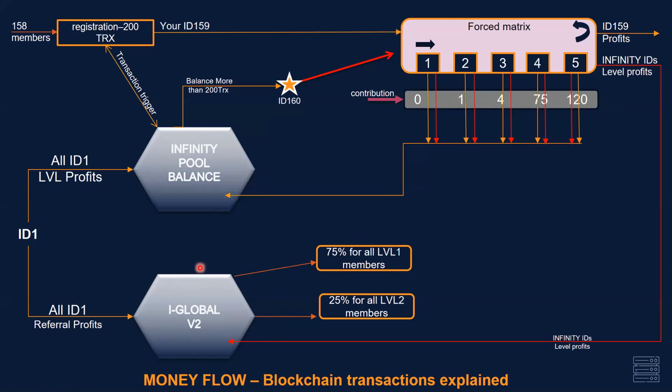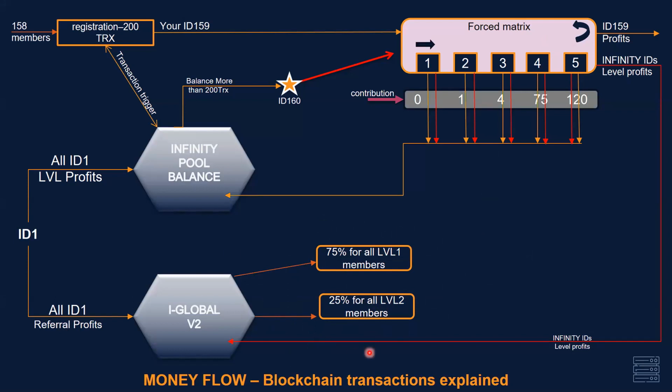Basically, the concept itself will push people to create new IDs whenever they earn, because they want to get some from the iGlobal. As you see, we concentrated 75% on all level 1 members only, and level 2 only will have 25%. Anybody on levels 3, 4, and 5 will not be able to get from the iGlobal because they are already in profit.